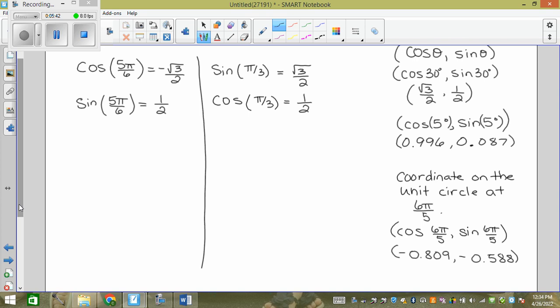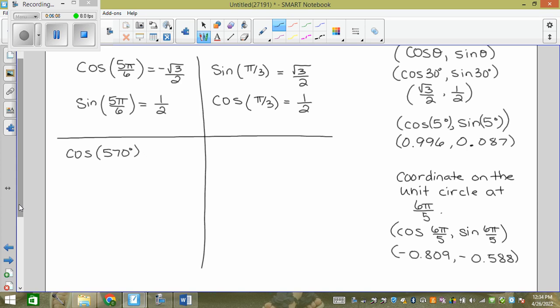Okay? So you can get answers really quickly off of it. So what if I do this, though? What if I go cos of 570 degrees? Minus 360, get its coterminal, right? Because its coterminal will land on the same arm.